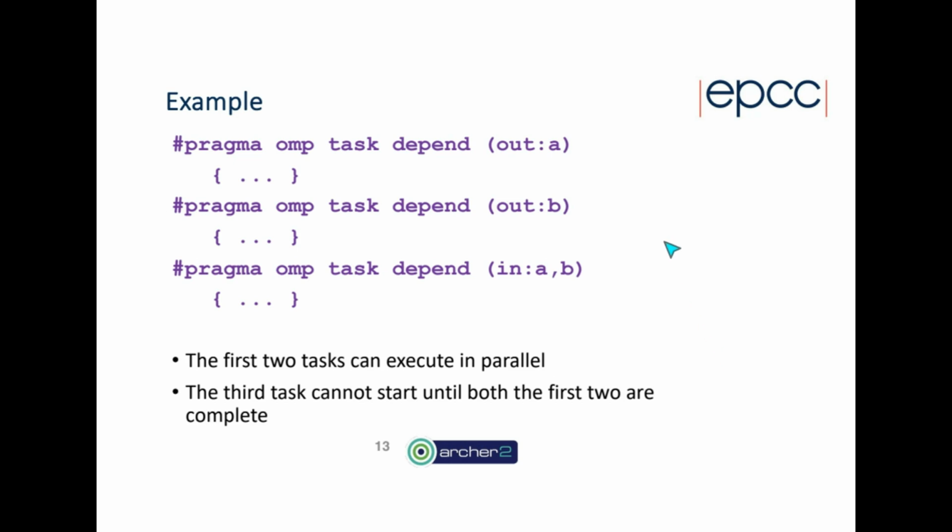A simple example here would be: I've got 3 tasks and the third one depends on values computed by the first two.